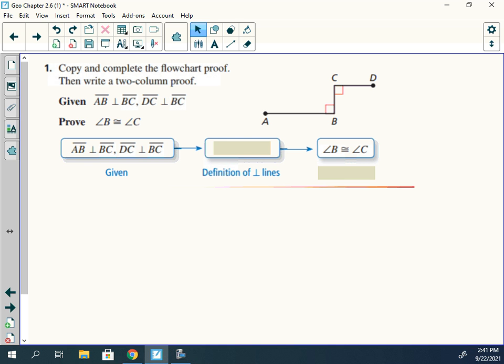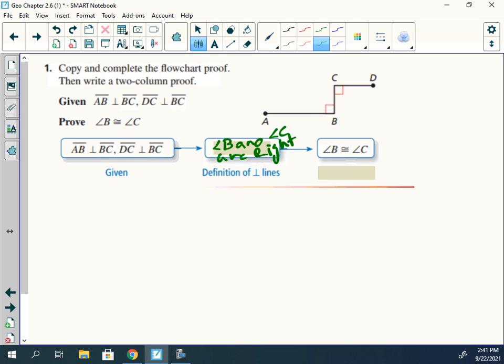Well, perpendicular lines or segments meet at right angles. So if they meet at right angles, it's really telling us that angle B and angle C are right angles. They're both right angles.